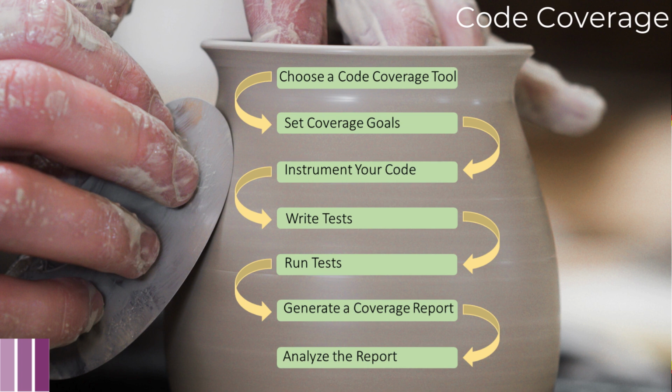After running your tests, the code coverage tool will generate a report that shows which lines, branches, functions, and statements have been covered by the tests and which have not. Finally, review the coverage report to identify areas of your code that need more testing and improve your test suite accordingly.